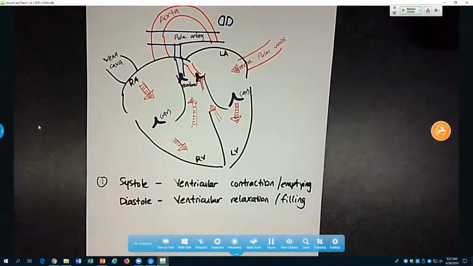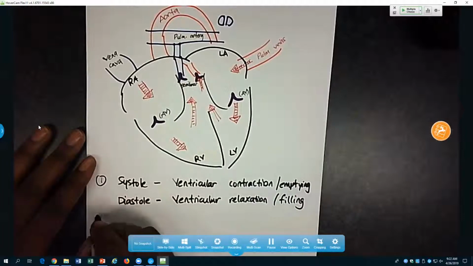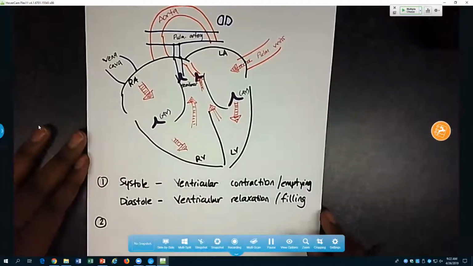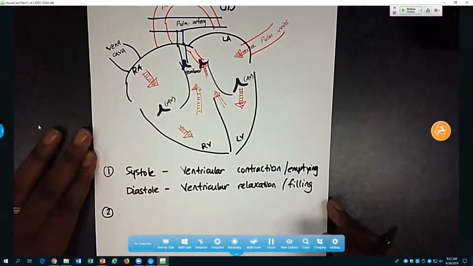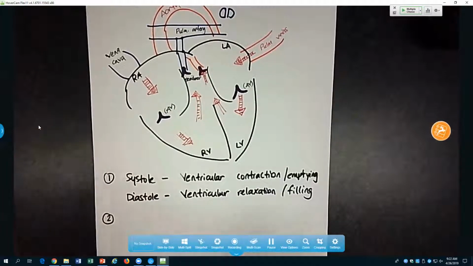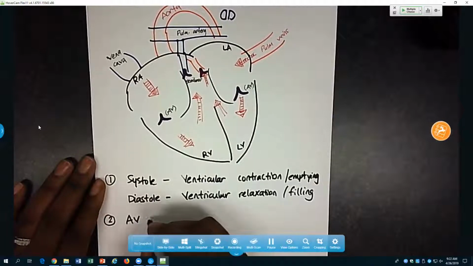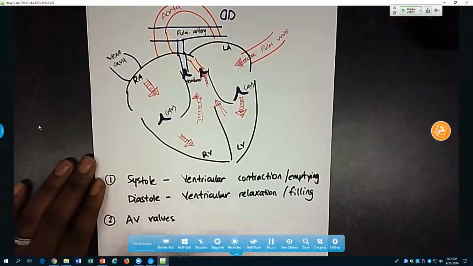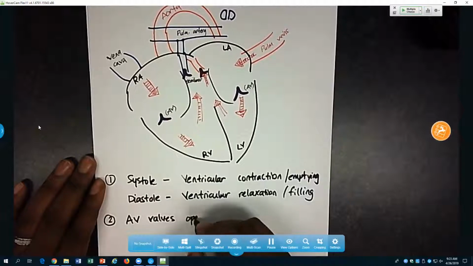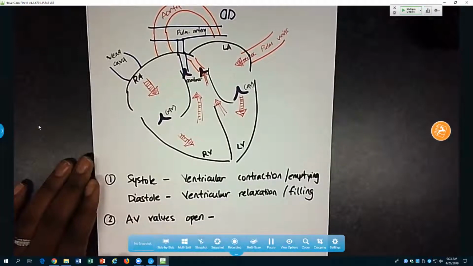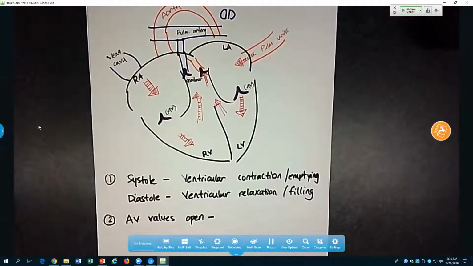Okay. The second thing we want to make note of here is what valves are open and what valves are closed during these periods and why. So the AV valves are going to be open when there is a pressure gradient. So we mentioned this last time. Movement of blood from one chamber to the next happens because of a pressure gradient, because of a difference in pressure across that chamber.